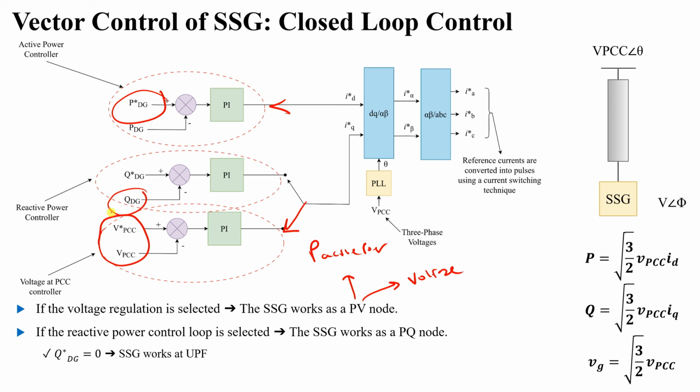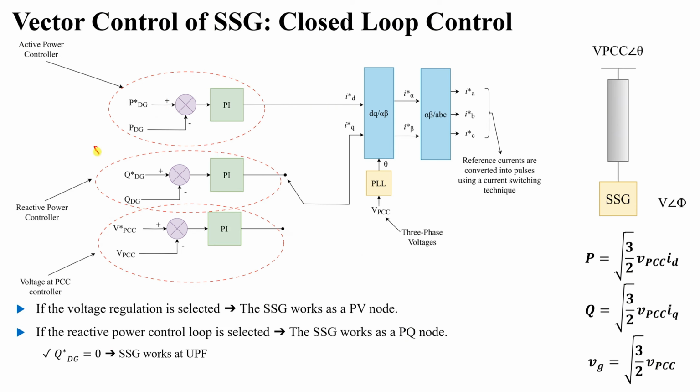Now the Q value here, the reference Q value, actually determines what power factor we are working at. So if I select Q to be equal to 0, I don't want any reactive power from this generator. I want only active power. Then the apparent power will be only equal to P, right? So this will be a small size and low cost generator, right?